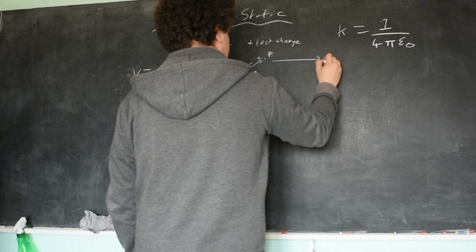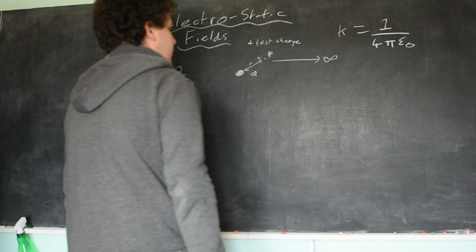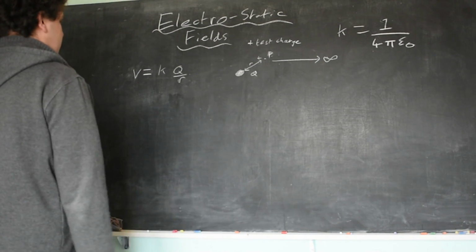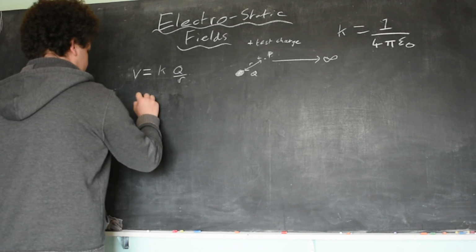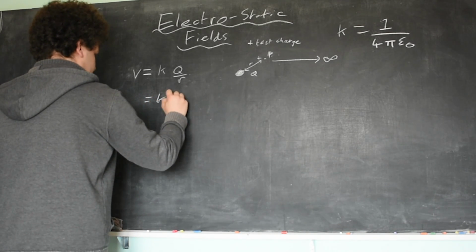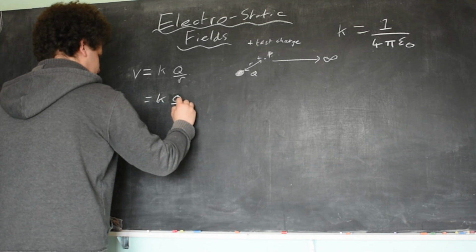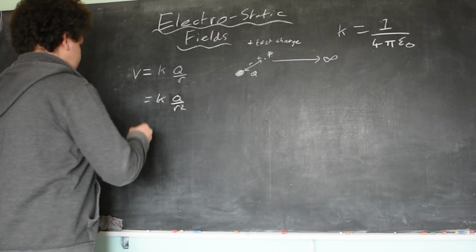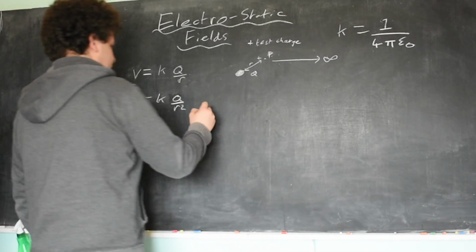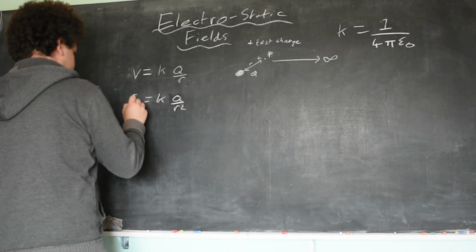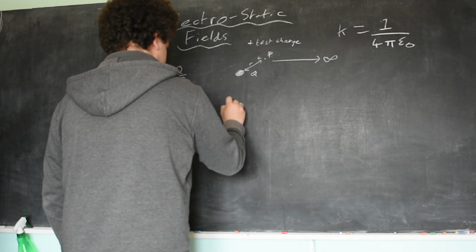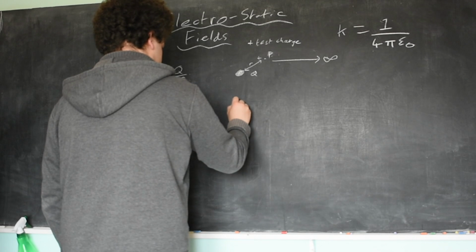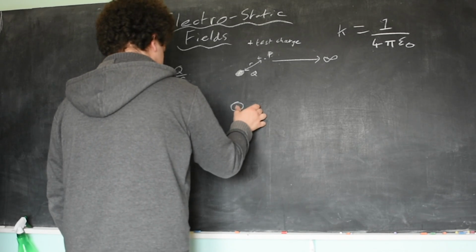And then K Q over R squared is the field strength, E, of the charge.